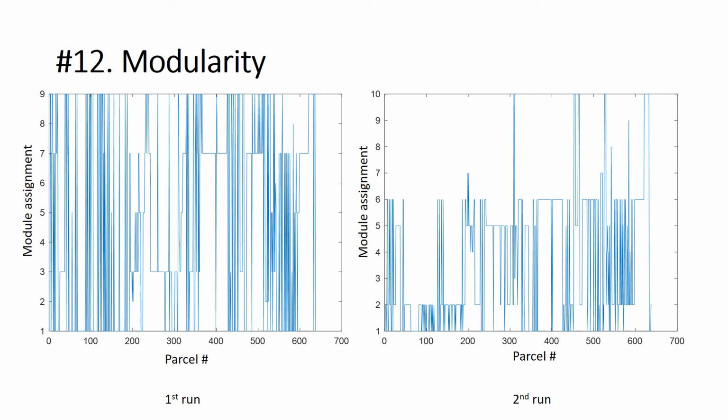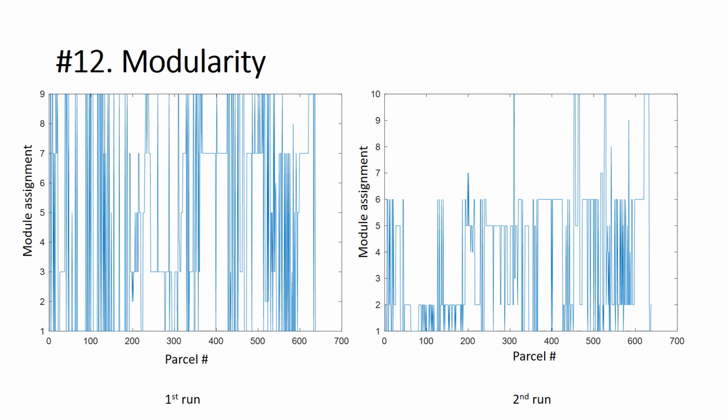So here I'm going to show modularity for 2 different runs. This is on the 0.6 thresholded functional connectivity matrix. So we've got parcel number across the bottom and the module assignment as the vertical axis. And you can see in the first case, the algorithm came up with 9 modules. In the second case, it came up with 10. And this looks really messy and really crazy and different.